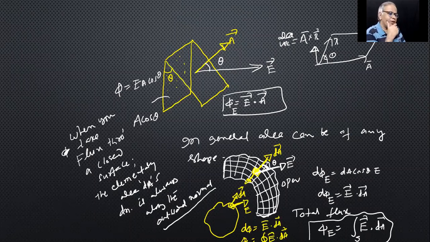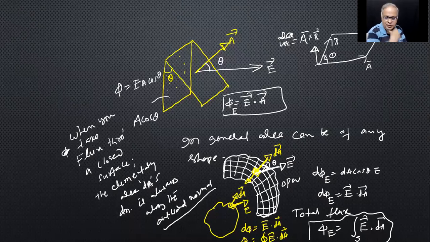So instead of saying number of lines by area will decide E, we'll say that there's a thing called flux that will decide E. Instead of number of lines by area, we do flux by area. But how do you define flux? You define it as basically EA.